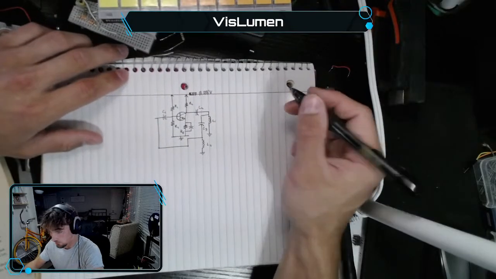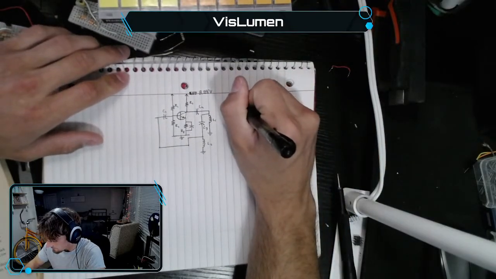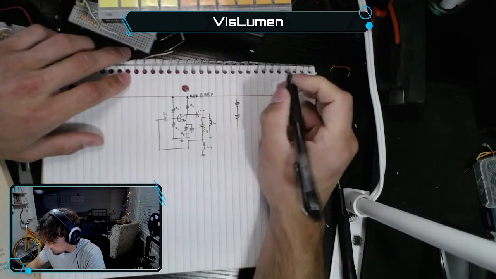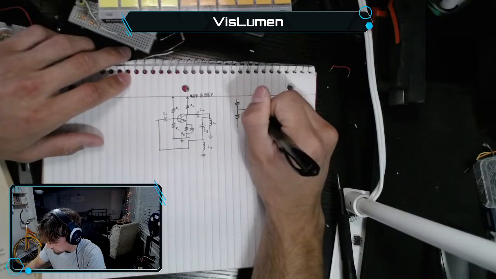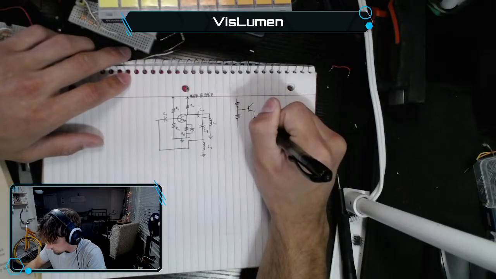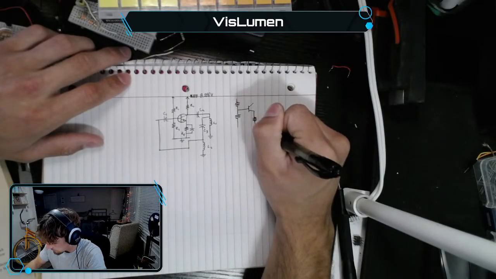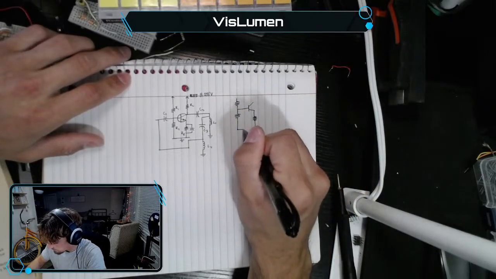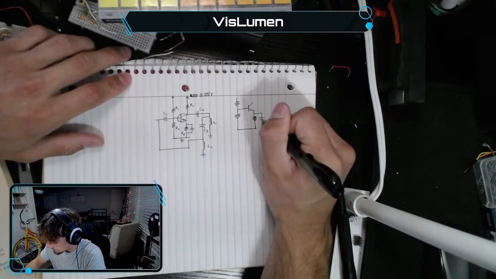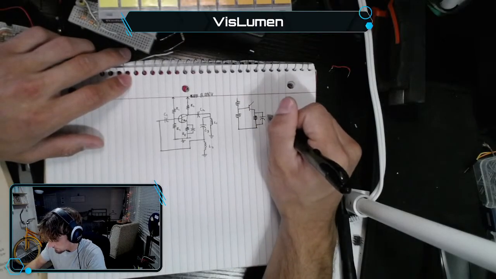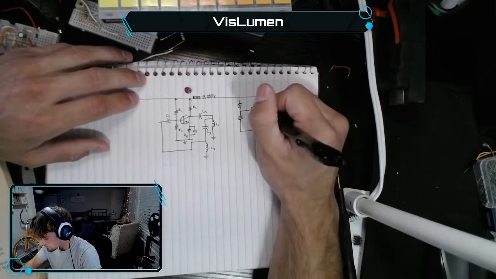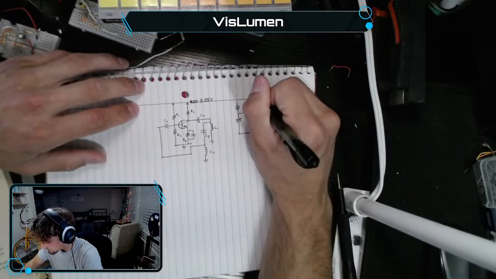Okay, let's isolate the portion that we want to study. Maybe we will do the small signal analysis and analyze the way this capacitor here affects the signal, in a small signal analysis.